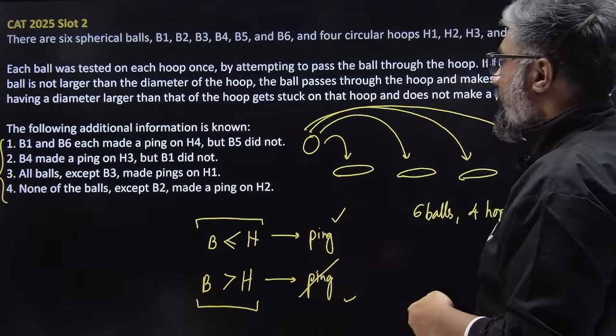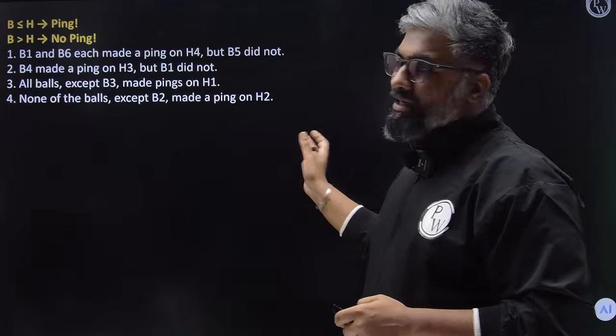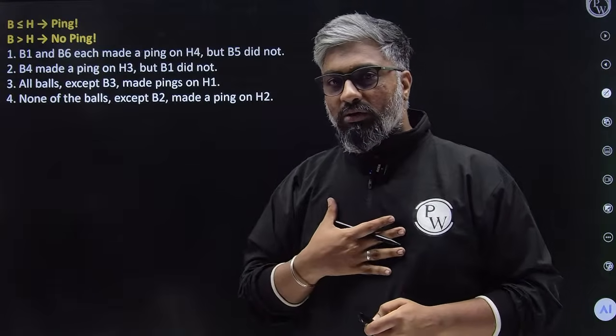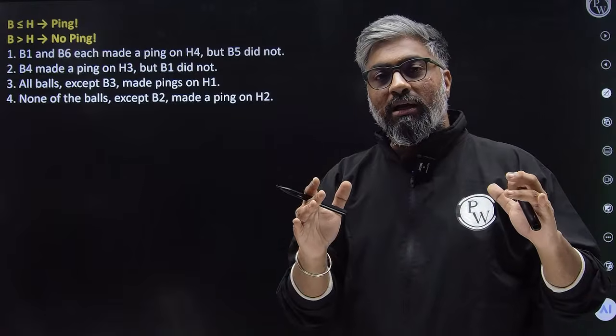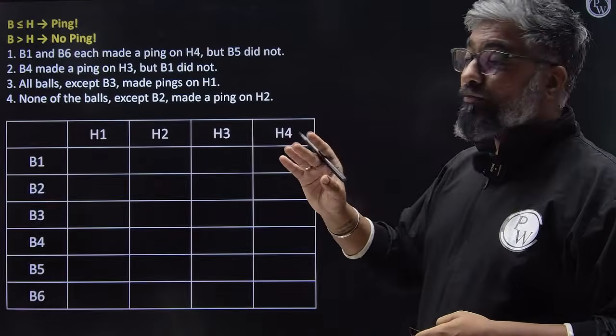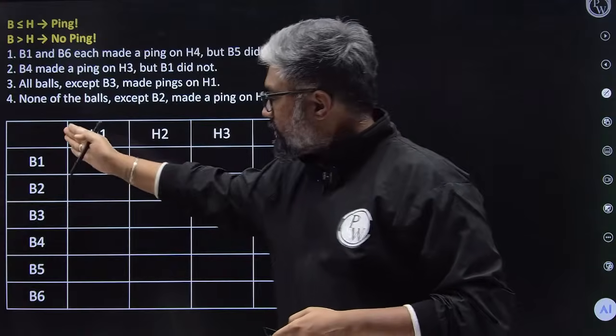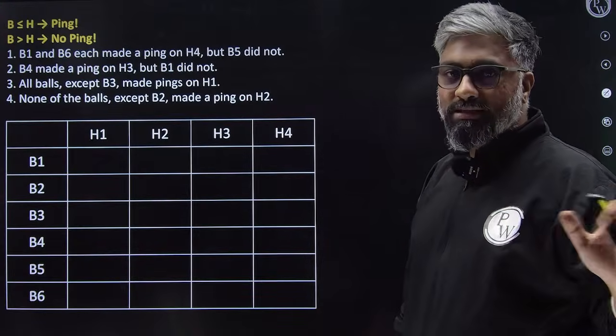Yes. So the best way to do this would be, one, you could randomly try, or how I like to do it is in a more organized way. The more organized you are, the better you will be able to understand things. So what I do is, because I have to pass all the 6 balls through all the 4 hoops, correct? Simple. Very good. Yes, perfect.